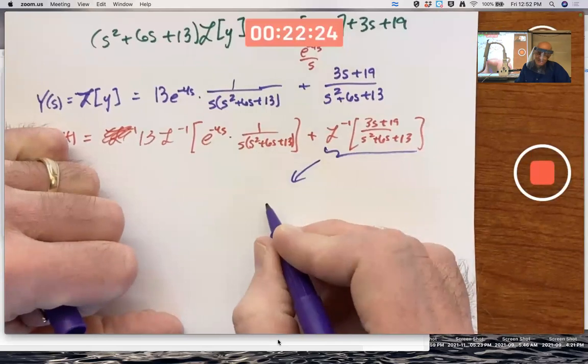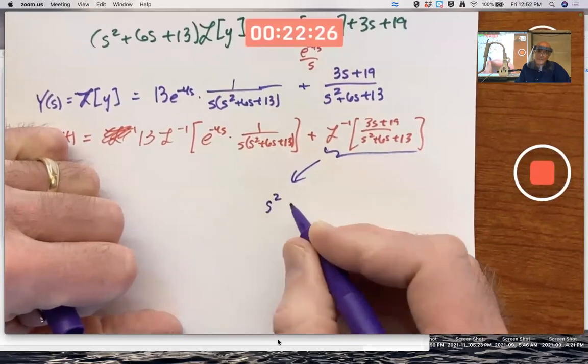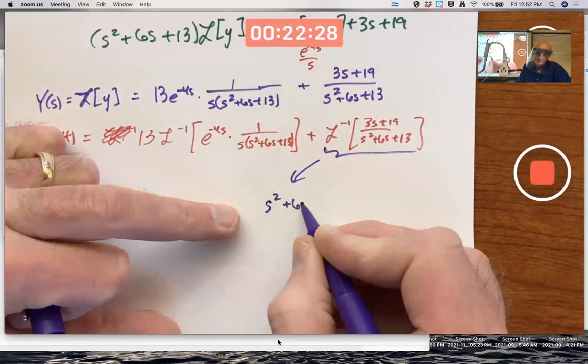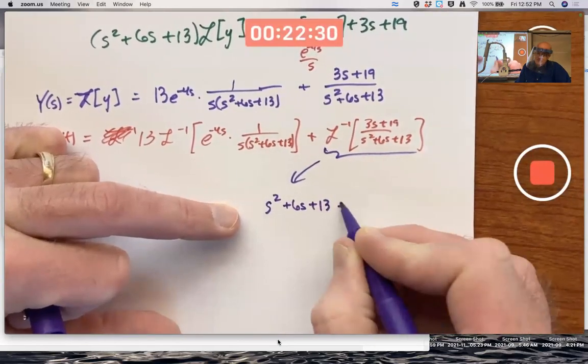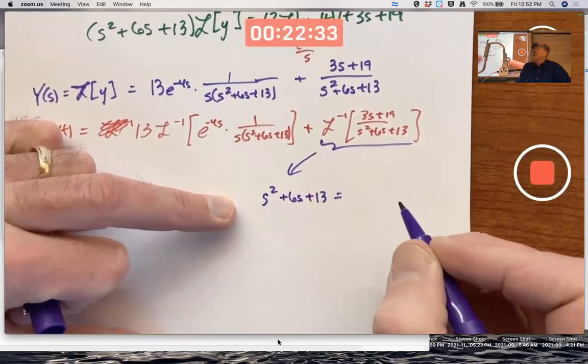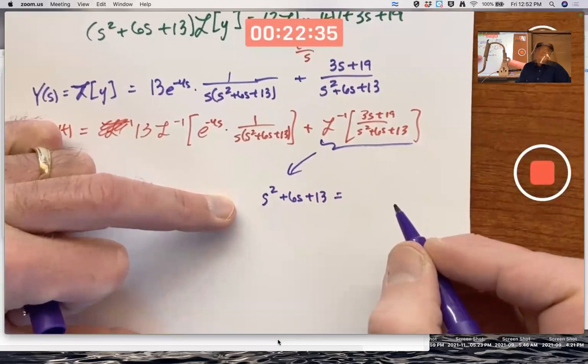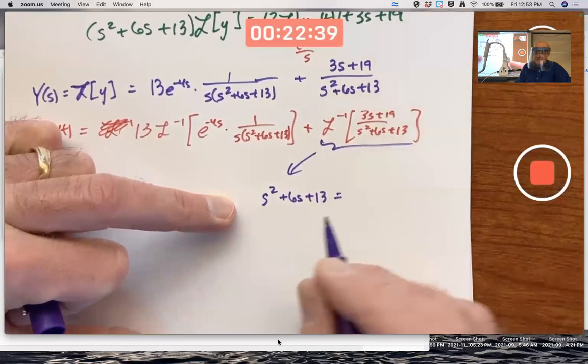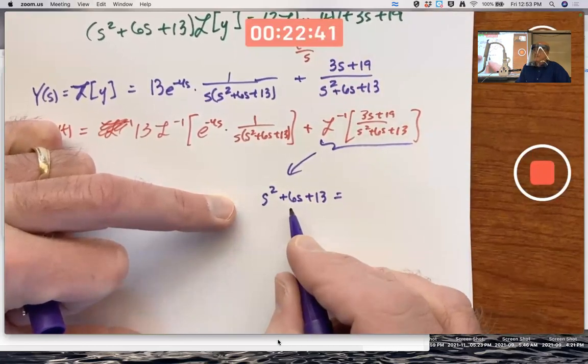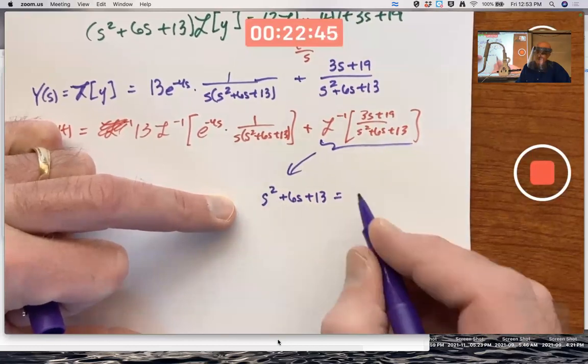And here's the trick. Now I'm just focused on that denominator here, s squared plus 6s plus 13. Though you can't factor it, you can complete the square to rewrite it in what's called vertex form. This is pre-calculus. Take the coefficient of s, 6, divided by 2 to get 3. 3 squared is 9.